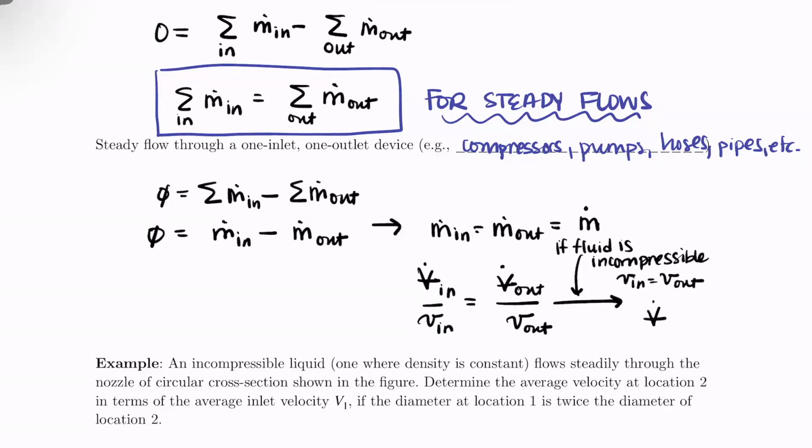And then we end up with V dot in is equal to V dot out, which is just some general volume flow rate. Does that make sense?